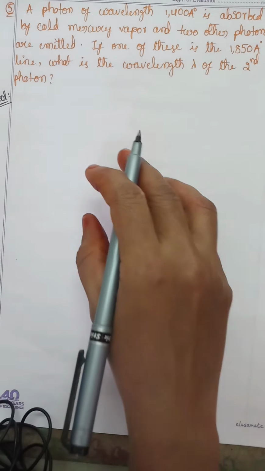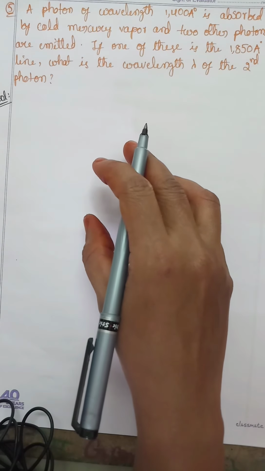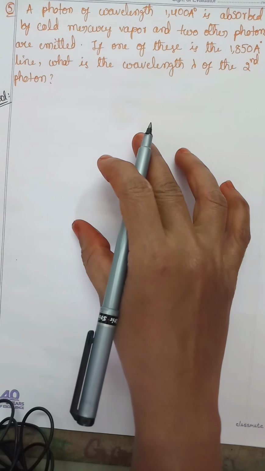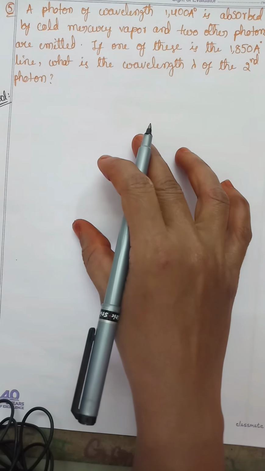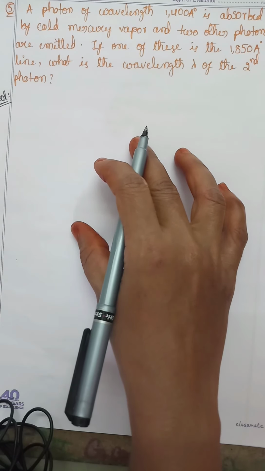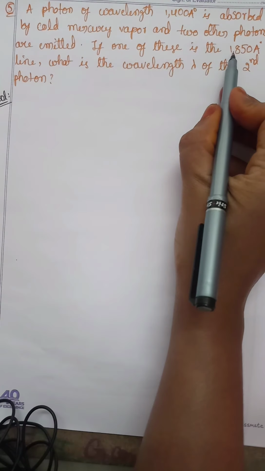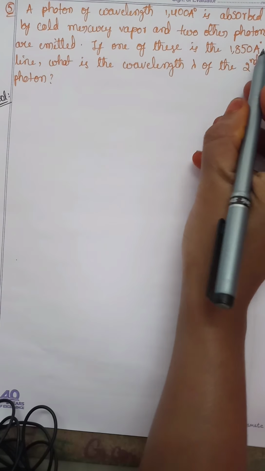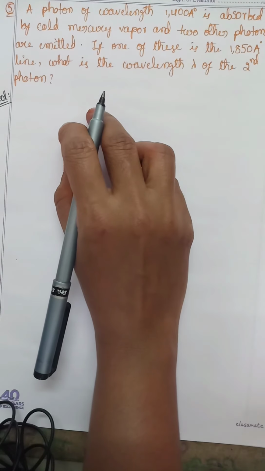That means in this problem, it has been given that a photon of wavelength 1400 is absorbed by mercury, and by absorbing it, it produces 2 more photons. In that, one photon wavelength is 1850 angstroms. Then we should find the other.